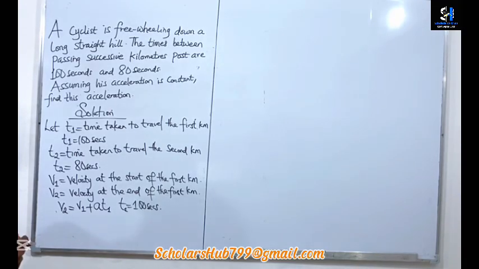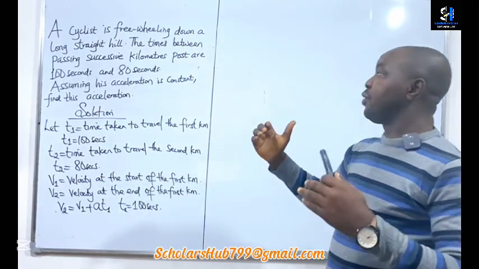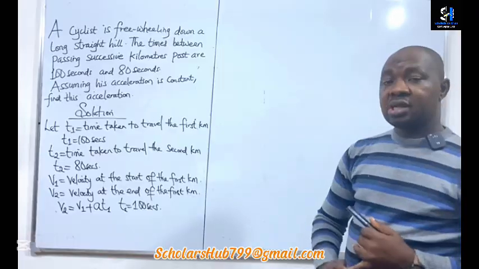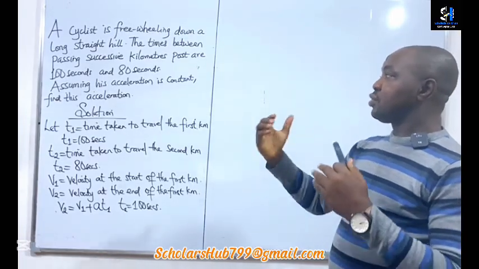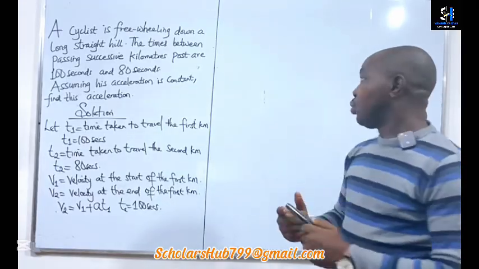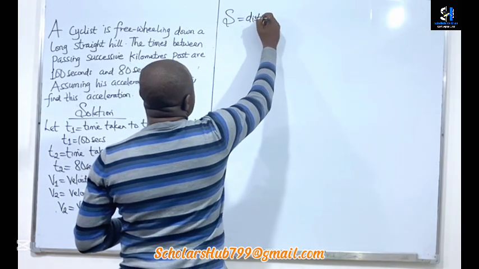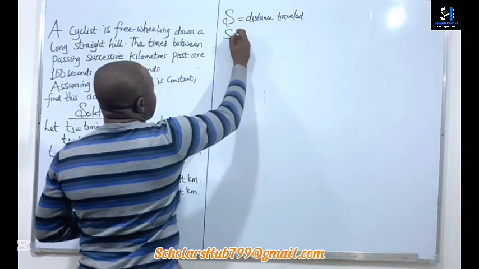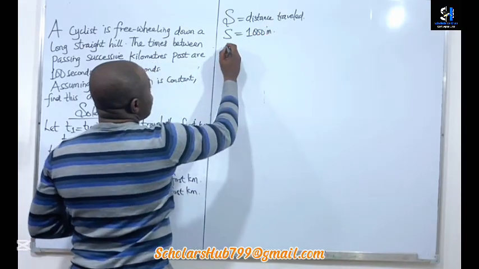Another thing we need to note is that because the cyclist is freewheeling down a long straight hill, the distance will remain the same, because the distance the cyclist travels in the first kilometer is 1 kilometer, which is 1,000 meters. So S, the distance traveled, is 1,000 meters.